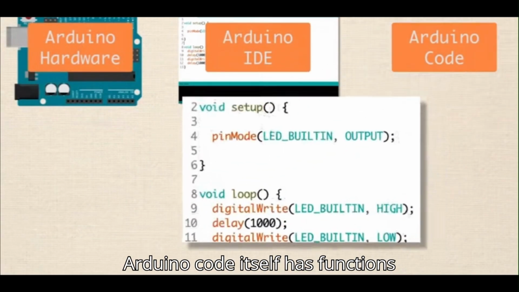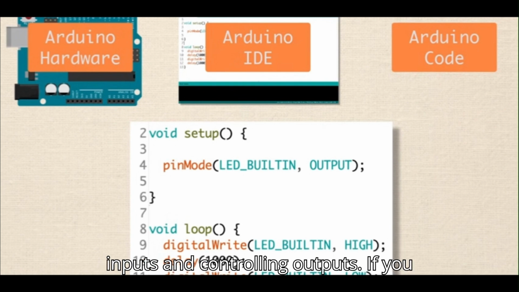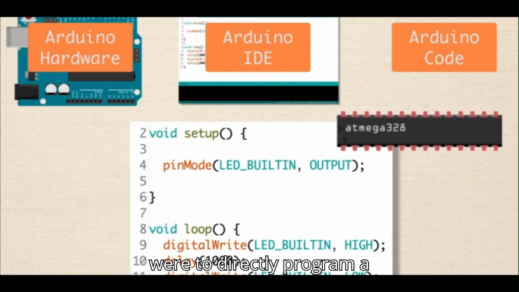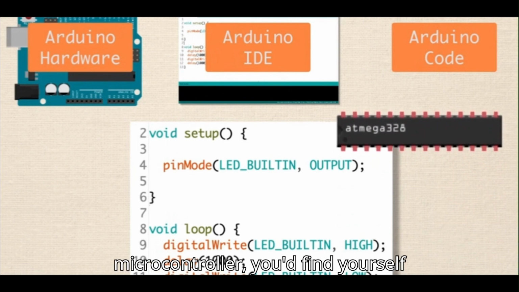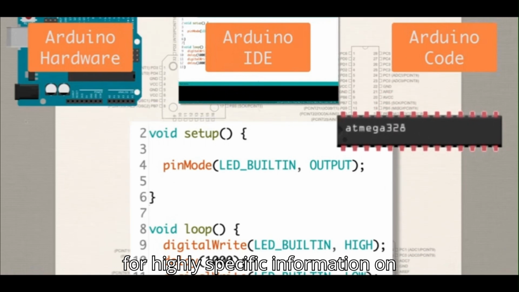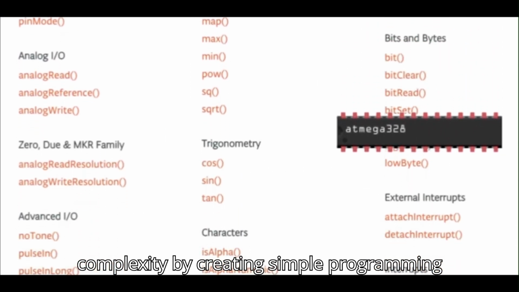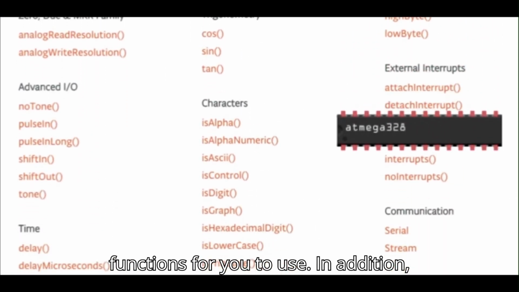Finally, the Arduino code itself has functions specifically for things like reading inputs and controlling outputs. If you were to directly program a microcontroller, you'd find yourself constantly referencing the user manual for highly specific information on controlling different things. The Arduino language has significantly reduced that complexity by creating simple programming functions for you to use.